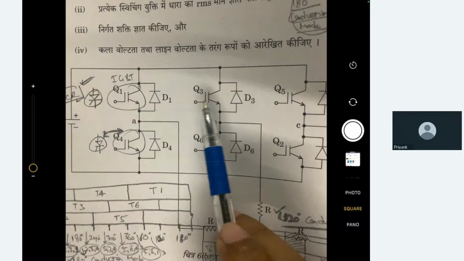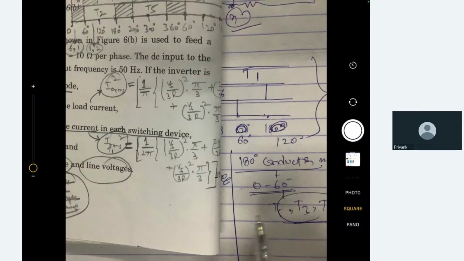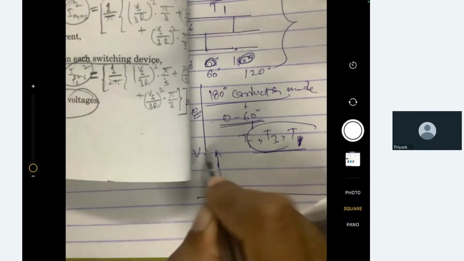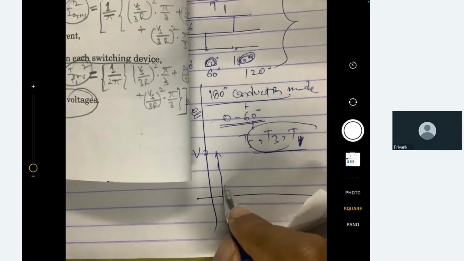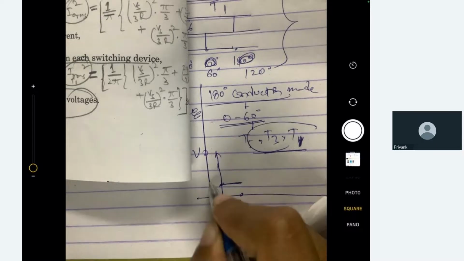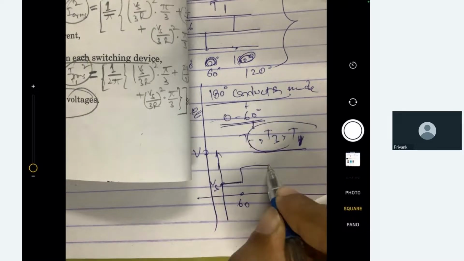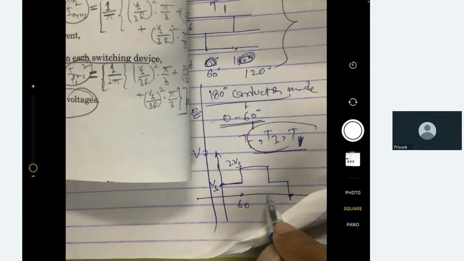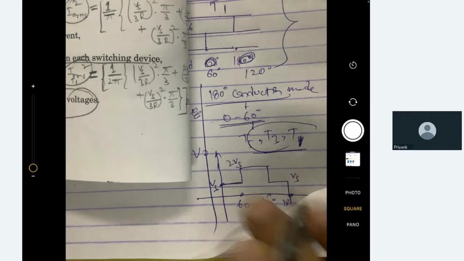So ultimately the phase voltage output for 0 to 60 degree will be like this, right? For 60 to 120 it will be 2 by 3 of Vdc, and from 120 to 180 it will be again 1 by 3 of Vdc, this way.